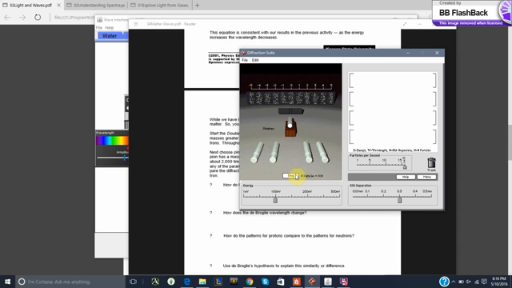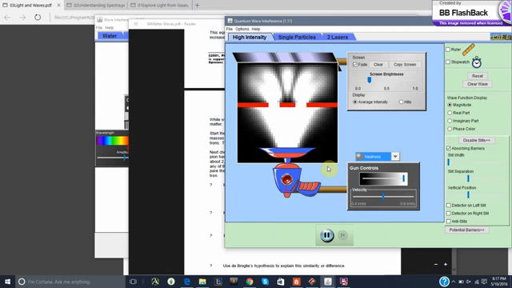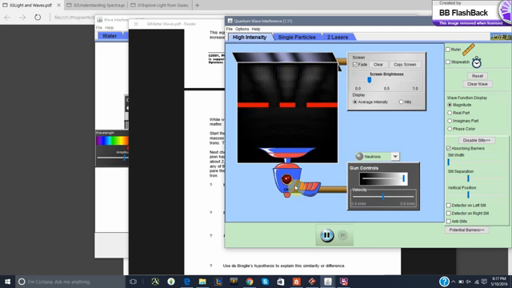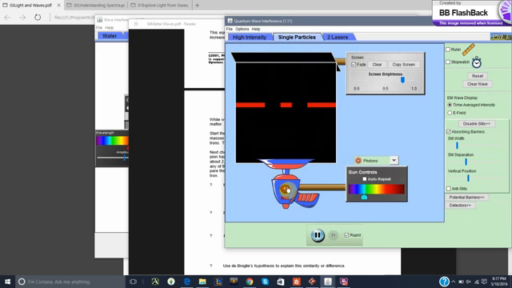The importance of this, though, is that it shows that matter behaves like waves, and this PhET demonstration shows that as well. It's just another way of doing it. It shows here a visualization of what's going on.